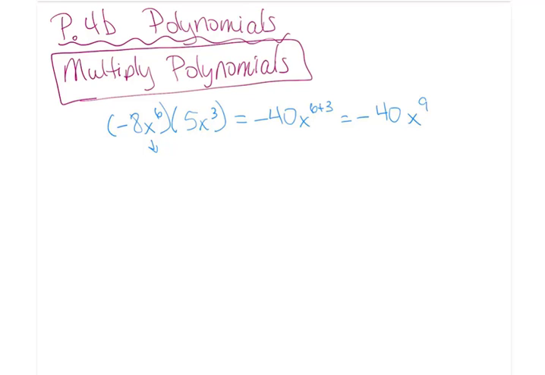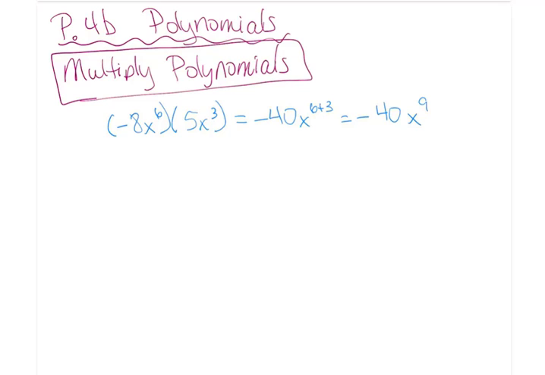So technically x to the 6th would be 6 of these little guys, right? X to the 3rd would be 3 of them. So how many do you have all together? You got your 9. So if you forget if you're supposed to add or multiply them, just do a quick little evaluation of all of the exponents, and hopefully that'll help you. Alright.